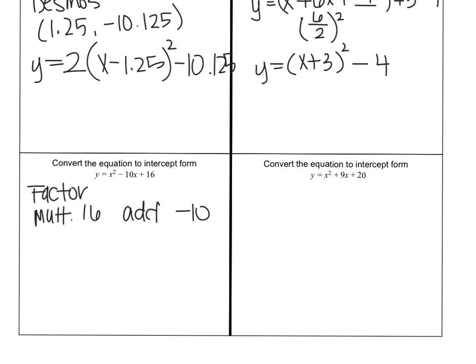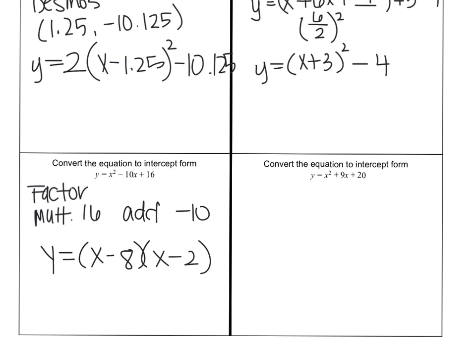So if I go through the numbers that multiply to 16, we have 1 and 16, 2 and 8, and 4 and 4. And the only way I'm going to get two numbers that add to negative 10 is if I use negative 8 and negative 2. So we're going to have y equals (x minus 8)(x minus 2).